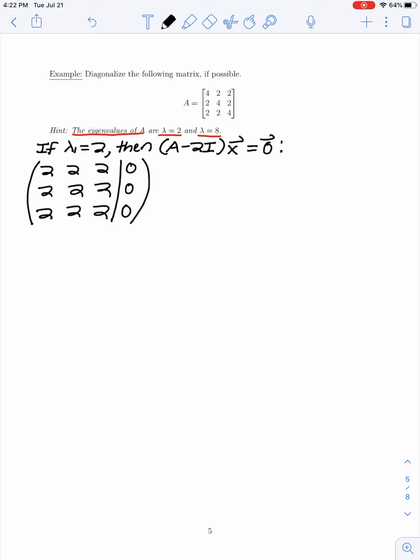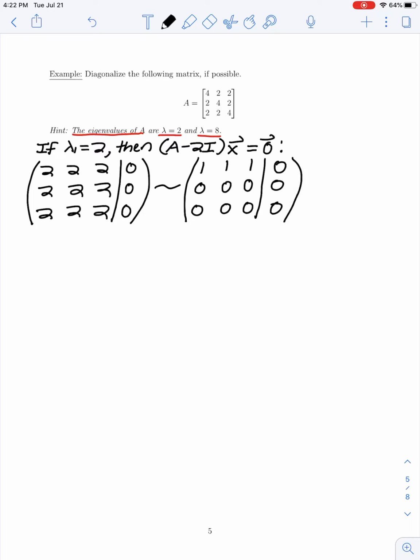It's clear that our rows and columns are identical. They're linearly dependent. So there do exist non-trivial solutions of this equation. It's easy to see that this matrix is row equivalent to the matrix 1, 1, 1, 0, 0, 0, 0, 0, 0, 0, 0, 0.